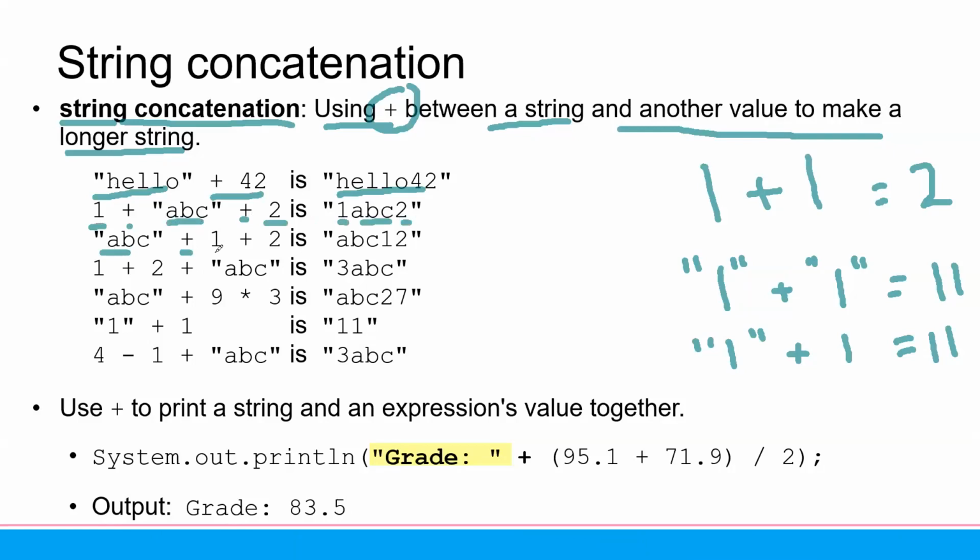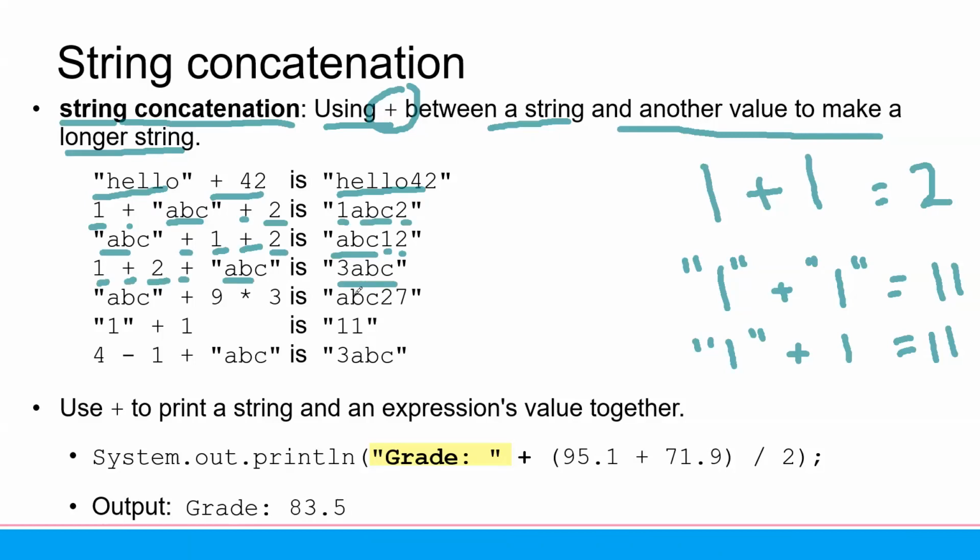ABC plus 1 plus 2 becomes ABC 1 2. However, 1 plus 2 plus ABC becomes 3 ABC.